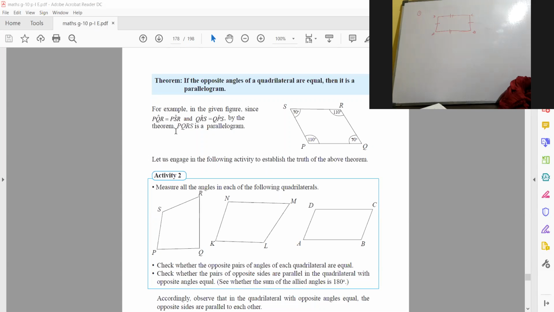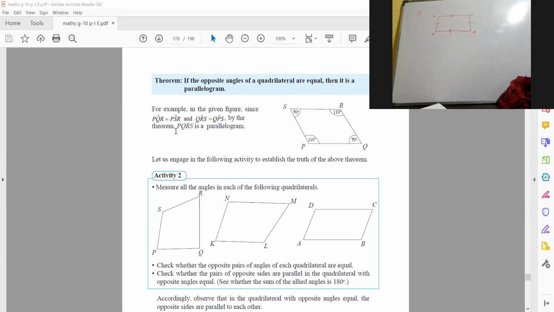If the opposite sides of a quadrilateral are equal, we can say this figure is a parallelogram. The other properties will be fulfilled, but there is no need to show them. That automatically makes it a parallelogram. This property alone is enough to show that it is a parallelogram, and the other properties we learned in the first lesson are also there in this figure.